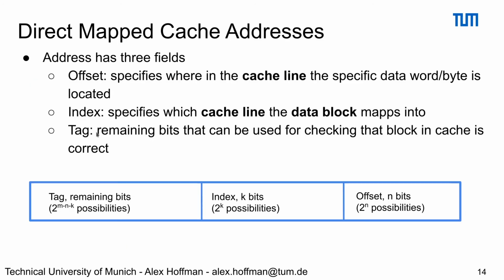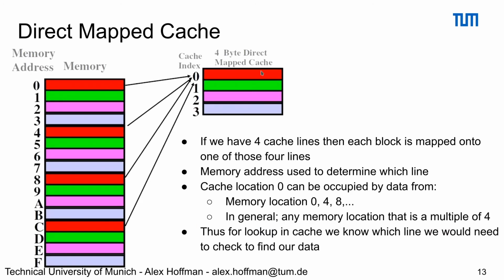Now, this offset here is where inside of this cache line it will be, so in this example it's not really applicable. But what the tag will then be is the remaining part of the address at the top that will let us compare it to the metadata currently stored in the cache here.